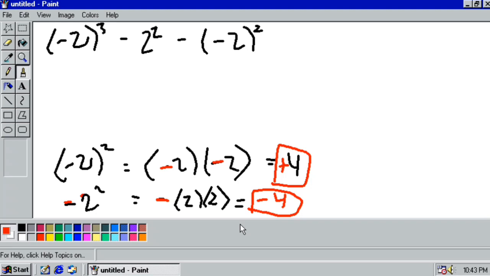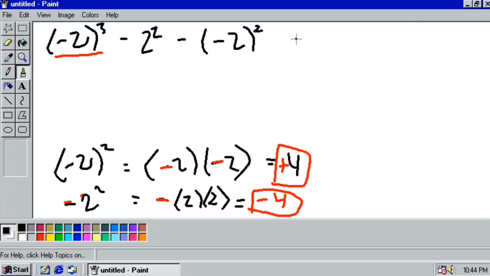So we will simplify first. So let's work on these first. Negative 2. As I said earlier, when there is a parenthesis, the equation should be like this. So we're going to use that.